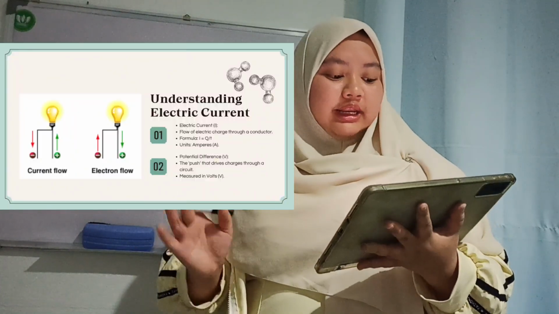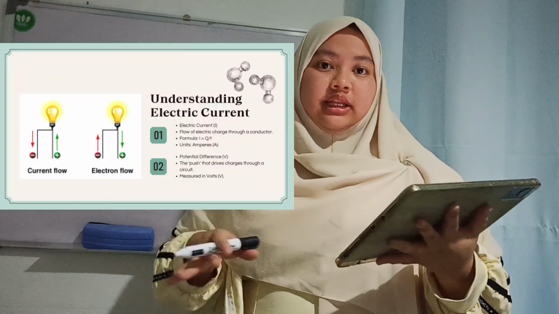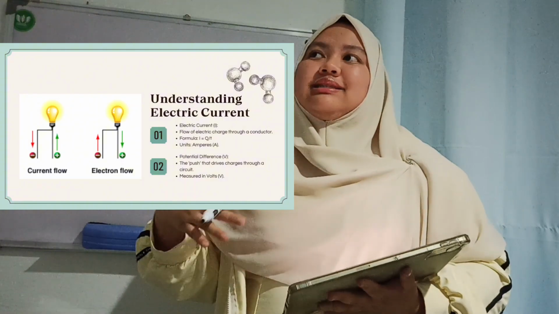Next one, how do we understand electric current and also potential difference? So what exactly is electric current? Electric current is the flow of electric charges in the circuit. It is similar to water flowing through a pipe.